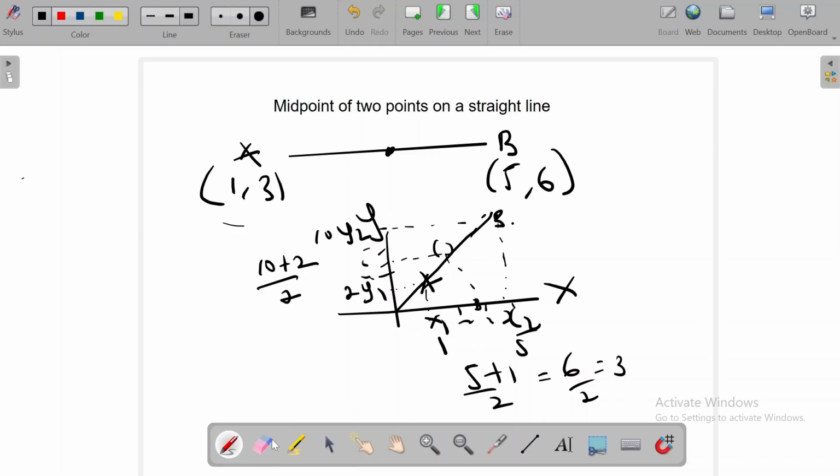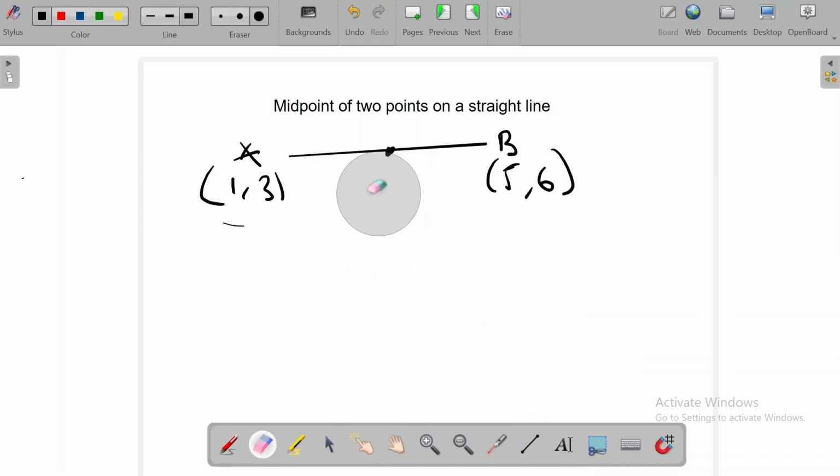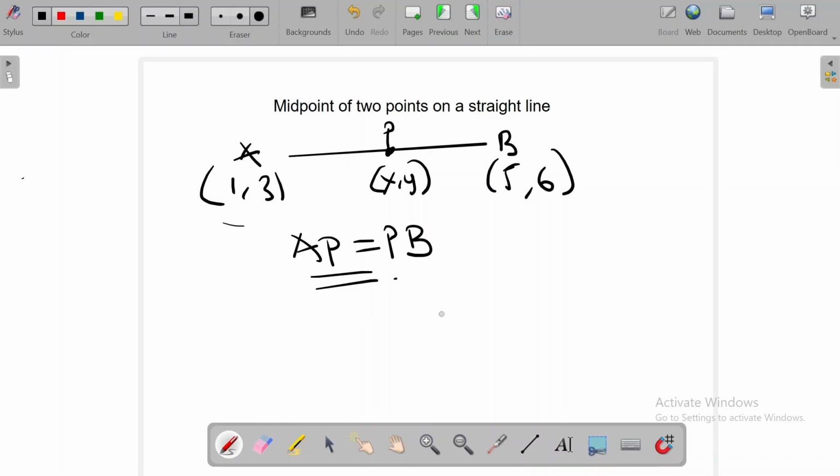I hope you get the point. So the midpoint is simply the middle of the line. So this point should be in the form of also an x and a y. If I call this a P, I can call this an M, doesn't really matter. So I can simply say AP must be equal to PB for this to be termed as midpoint.